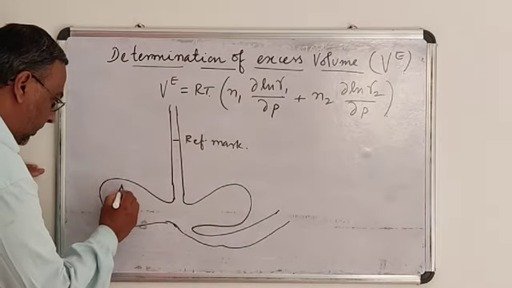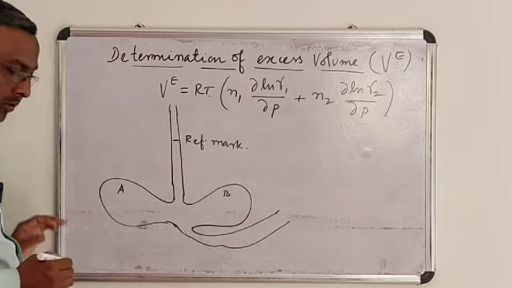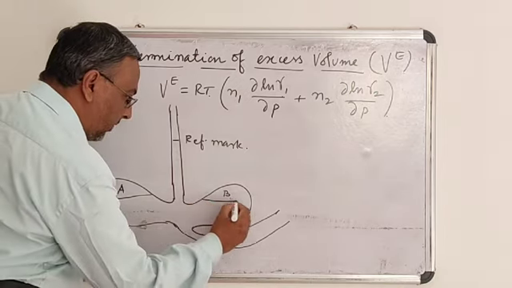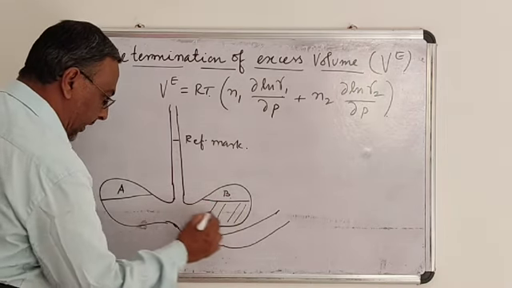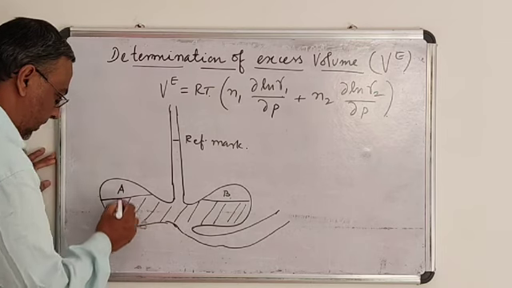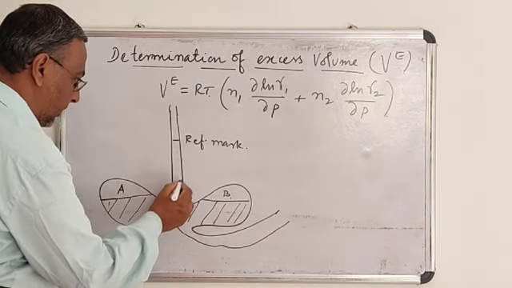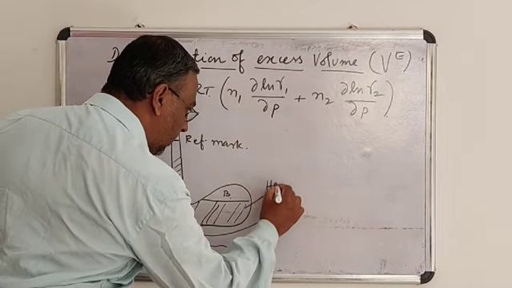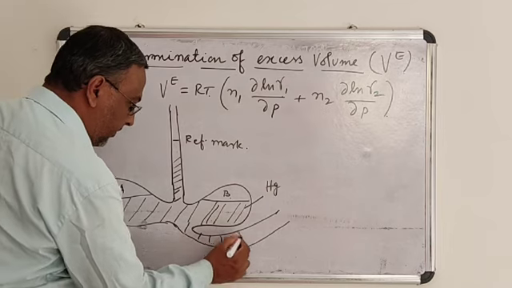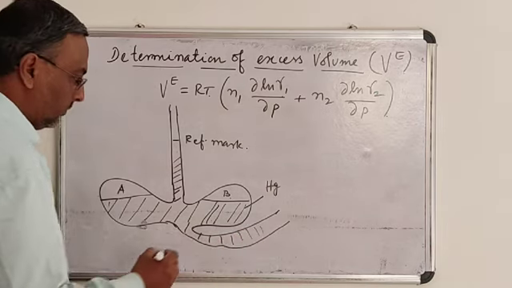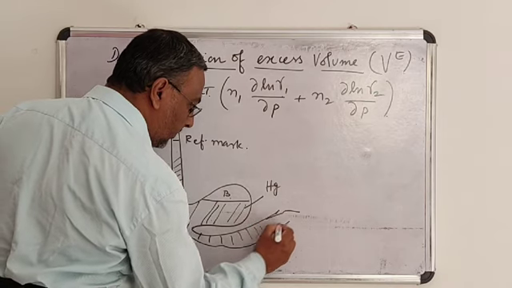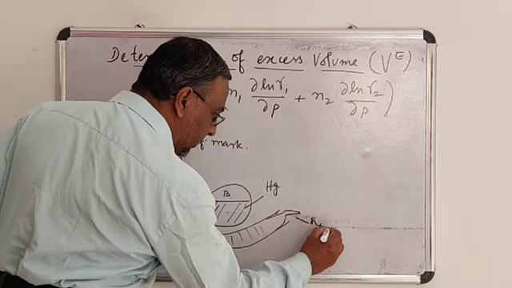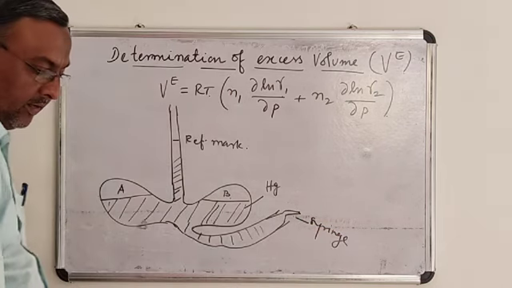And this A and B are the two glass bulbs which we have filled with mercury. And here we have a syringe.